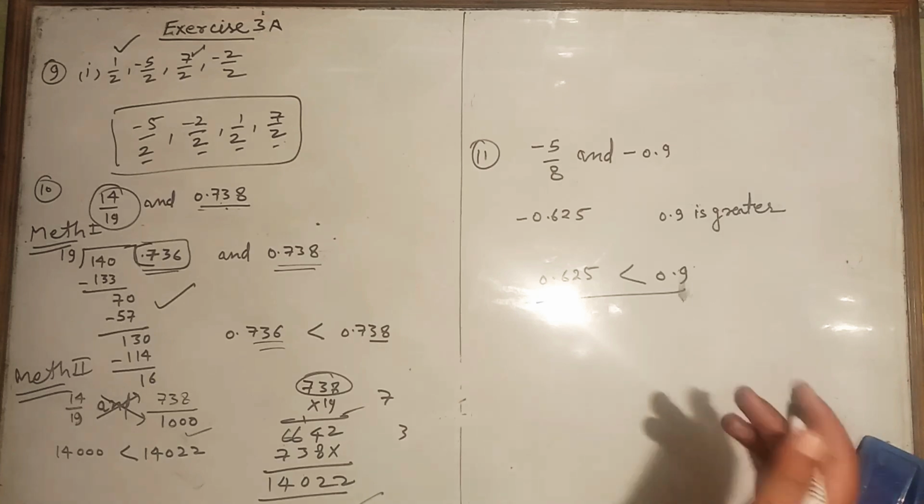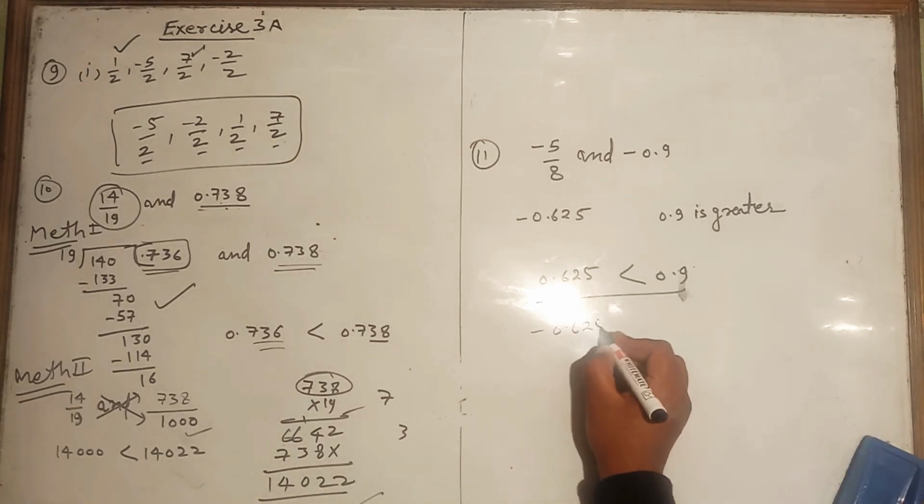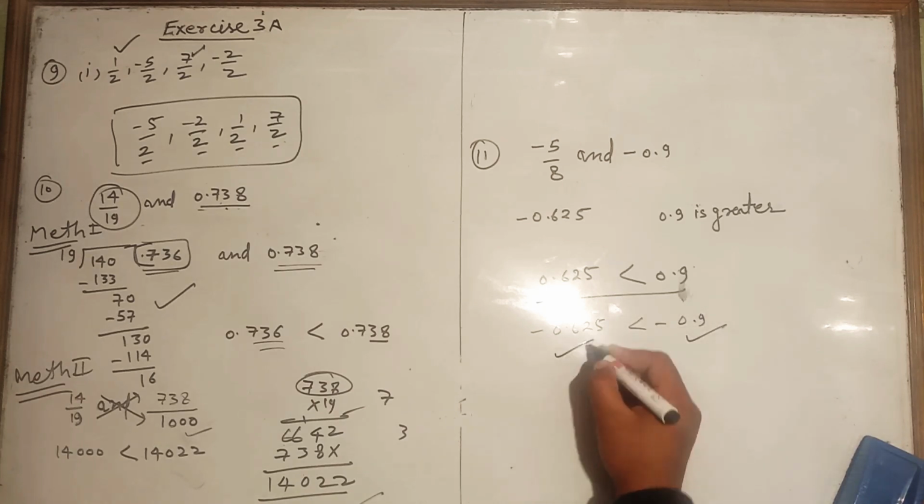So he reached the conclusion that -0.625 is less than -0.9, that -0.9 is greater than -0.6.